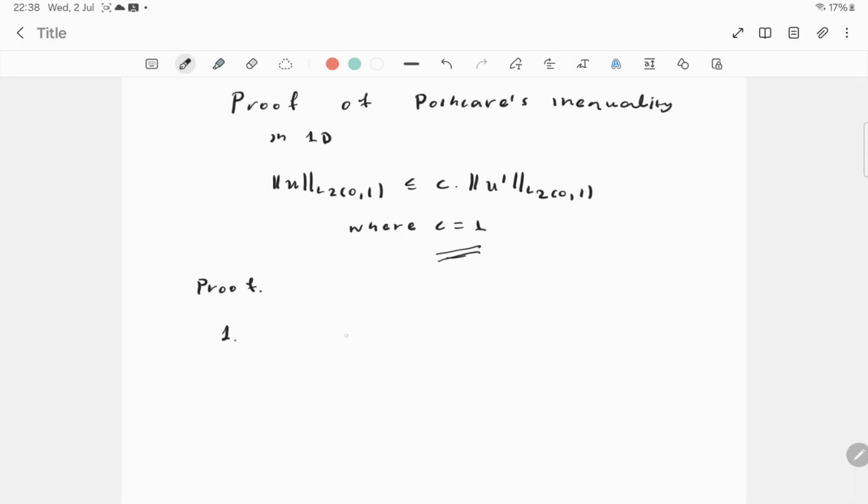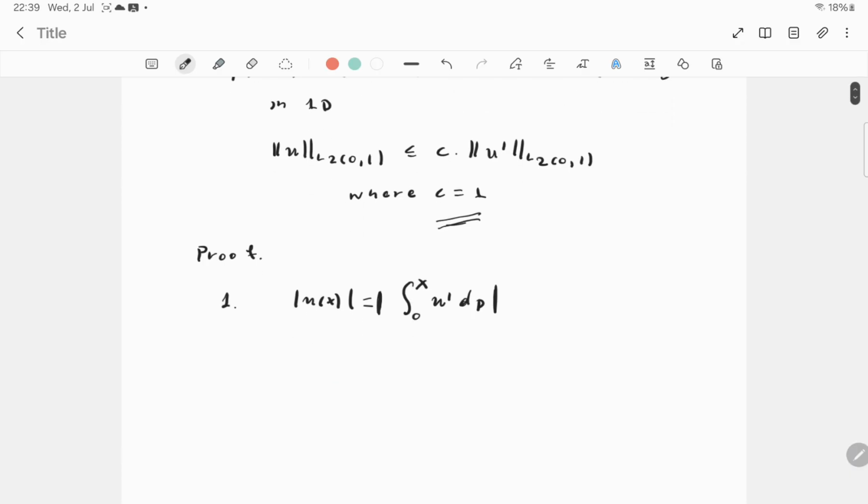So step number 1, we can write u of x in modulus. So the absolute value of u of x is the integral from 0 to x of u prime dp, because of the fundamental theorem of calculus. And then we can use the triangle inequality to bound this.